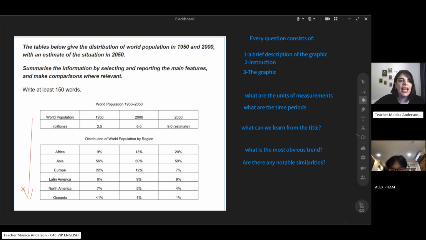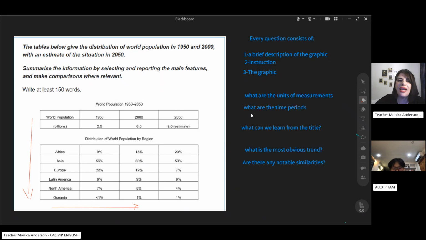We have units of measurements. For example, the title here tells us that we have the change in the world population from 1950 to 2050.